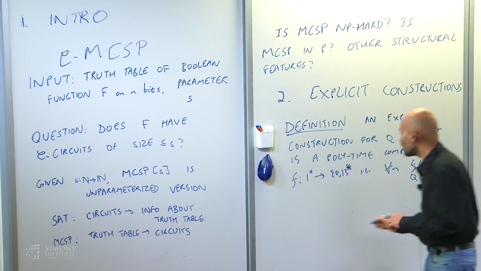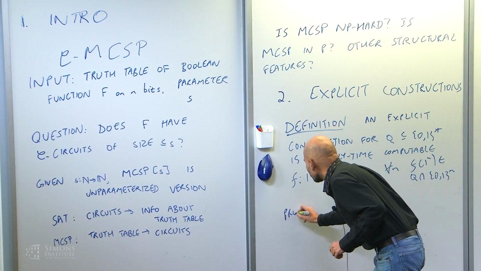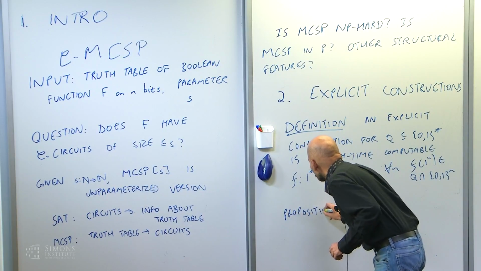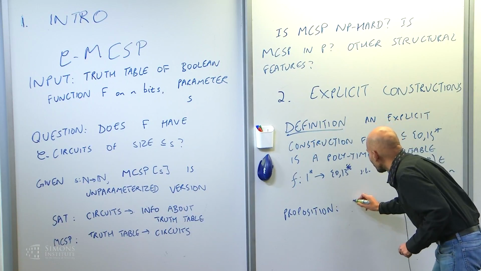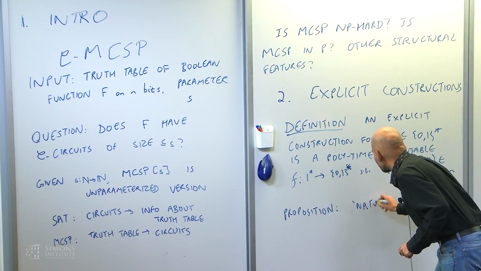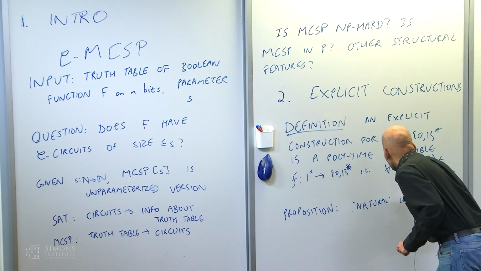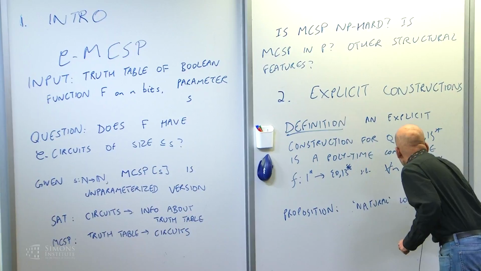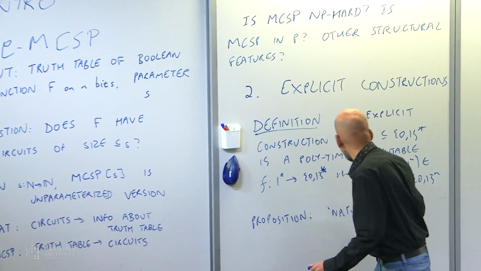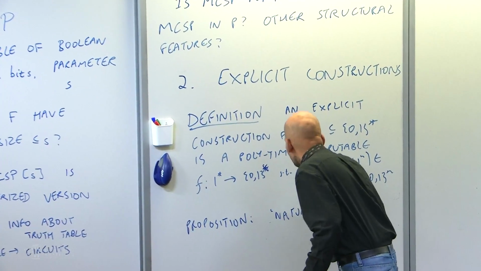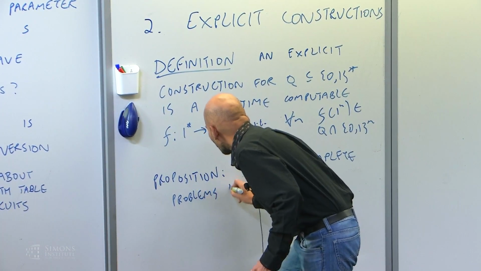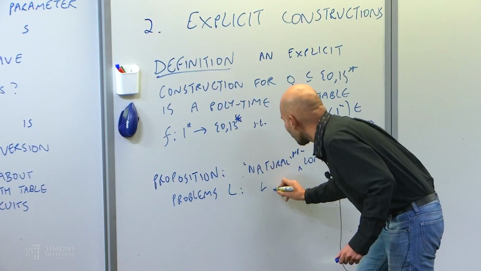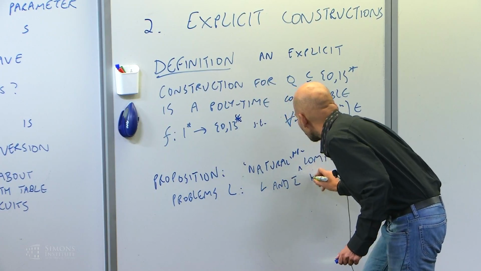And it's fairly easy to see that natural NP-complete problems, so if L is a standard NP-complete problem, L and L complement have explicit constructions, right?